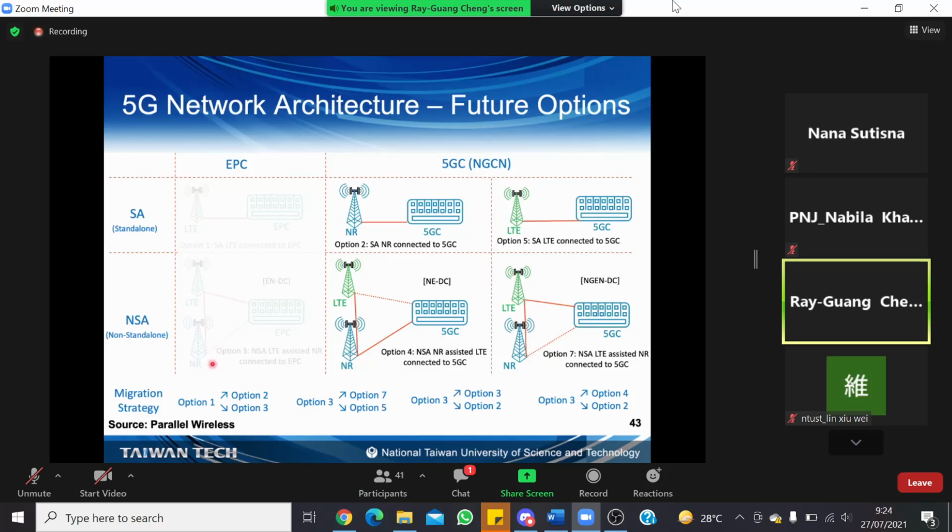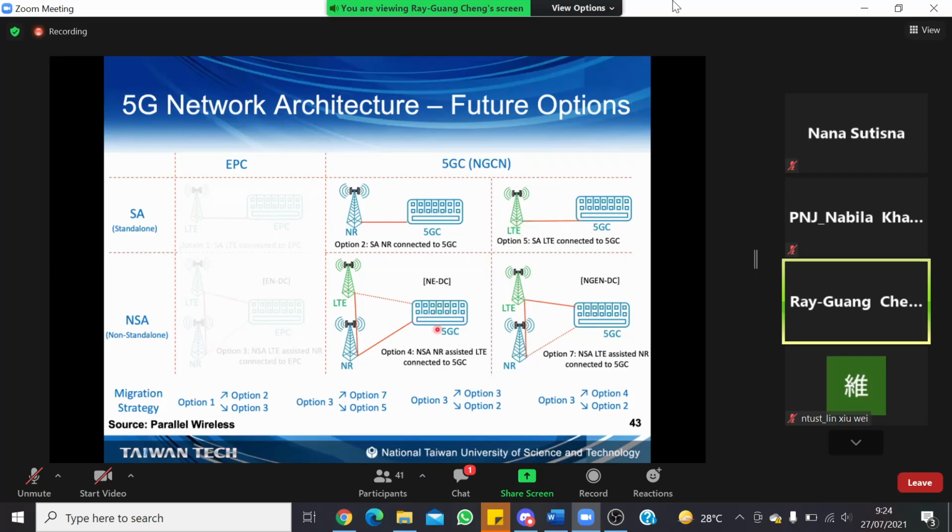So this is the first option if you already have LTE network. Then your EPC will upgrade to 5G core. So you will use 5G core to connect the base station. If you use 5G core to connect the 5G base station, it's option 2. If you use 5G core network to connect the 4G base station, it's option 5.